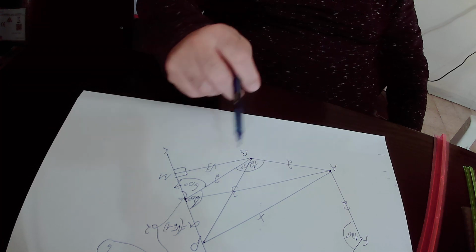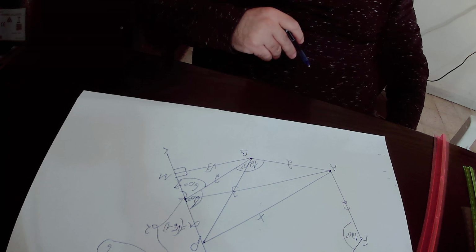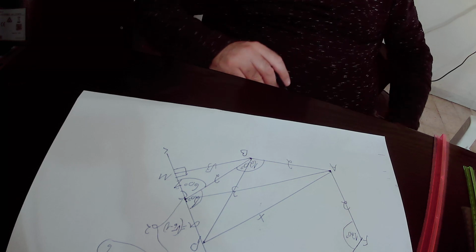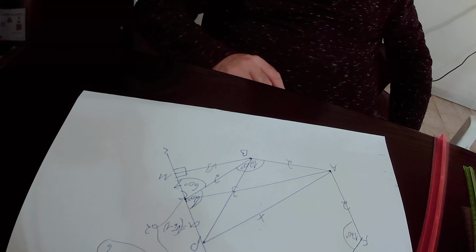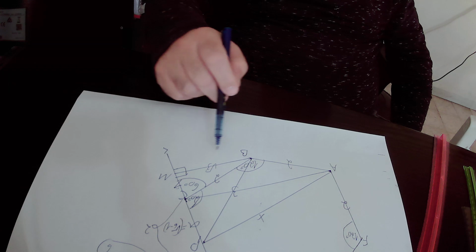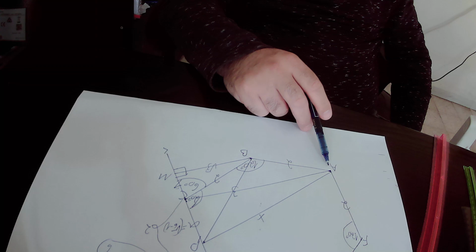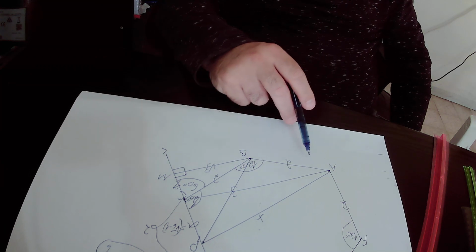Therefore BC is also equal to 2 units. So we will implement the law of cosines in this triangle ABC in order to find out the length of side AC.